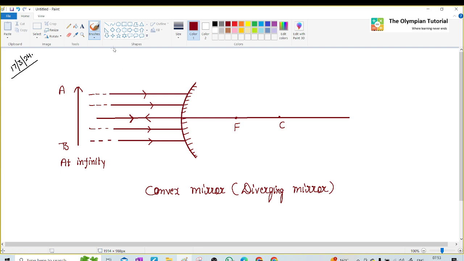So what will happen? It will appear that the rays are going behind the mirror, and we will show that with a dotted line. We cannot show a continuous line behind the mirror.